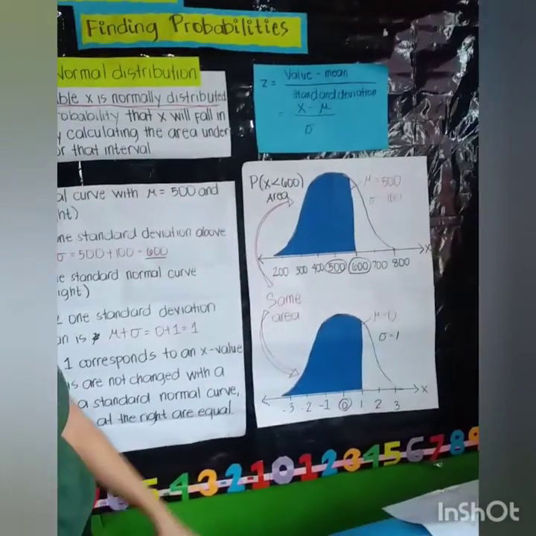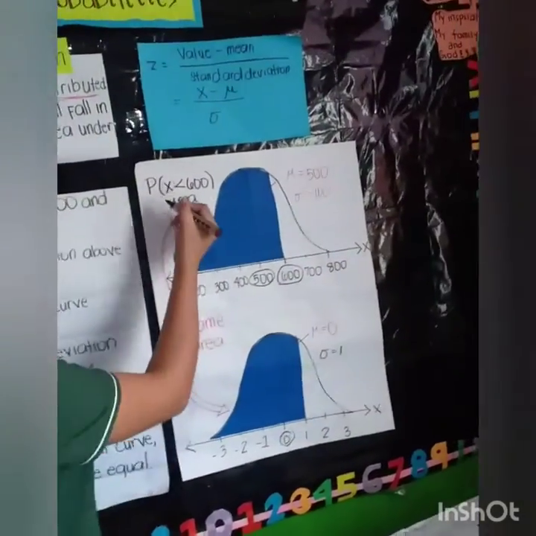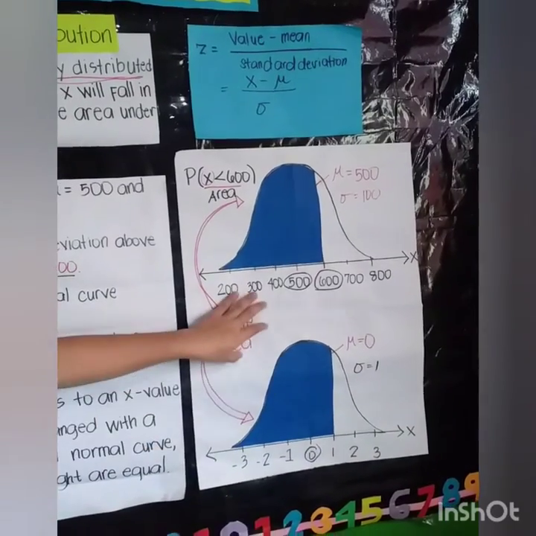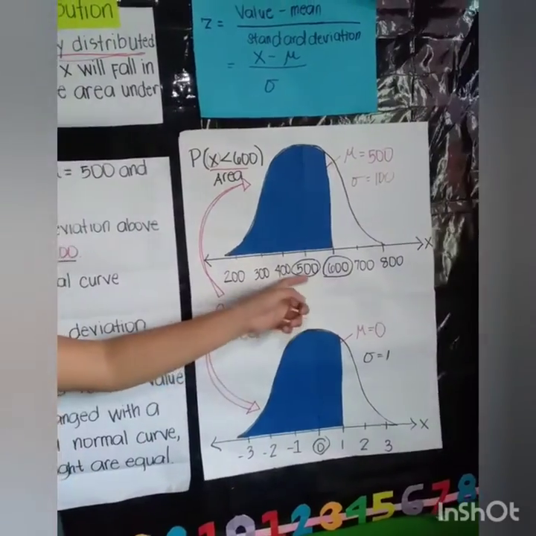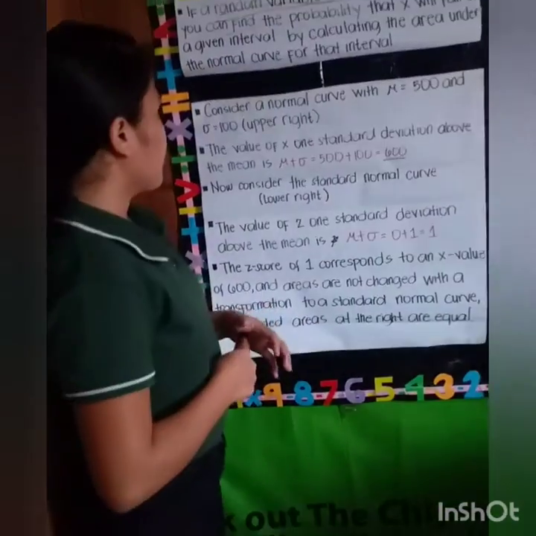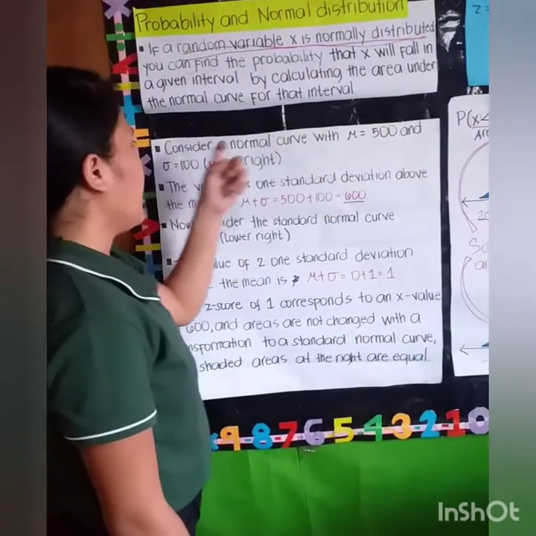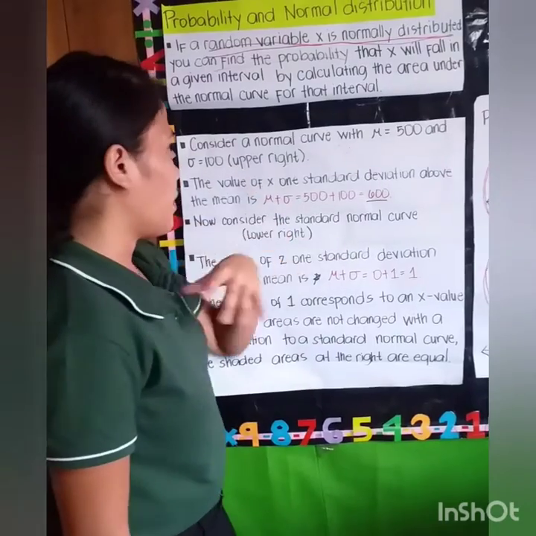Consider this illustration where x is less than 600. The mean is equal to 500 and the standard deviation is 100. Consider a normal curve with a mean of 500 and a standard deviation of 100, in your upper right.